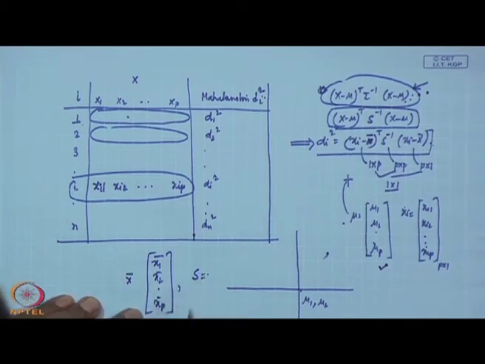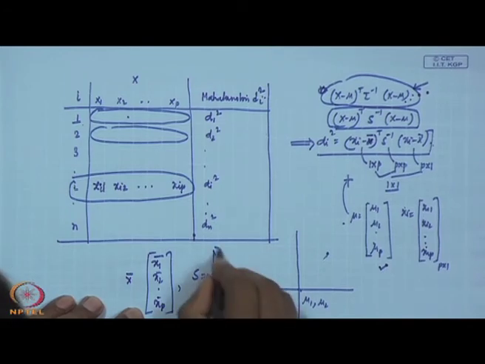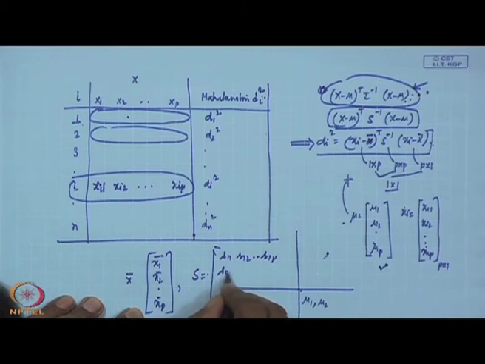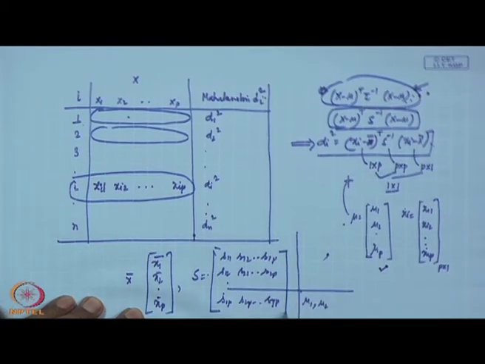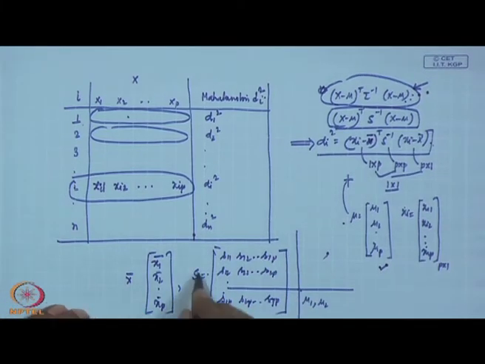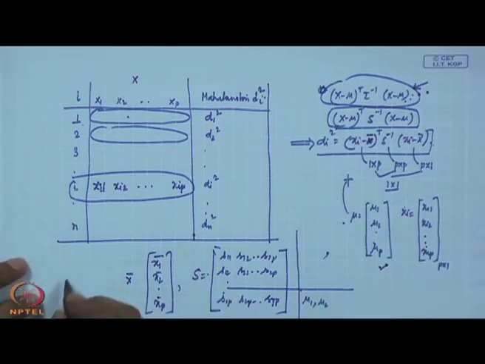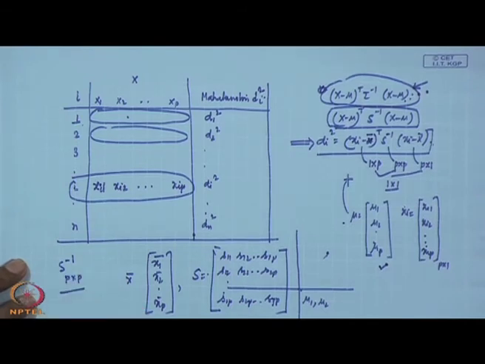You also require to calculate the covariance matrix. Once you know this, you require to calculate S inverse. This also will be a p cross p matrix.